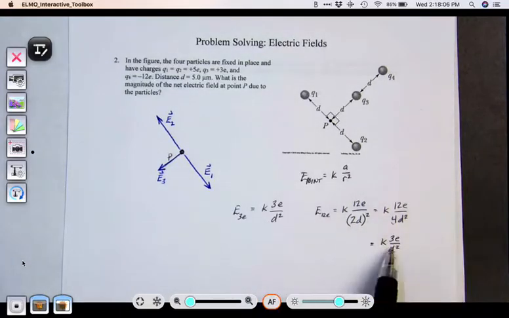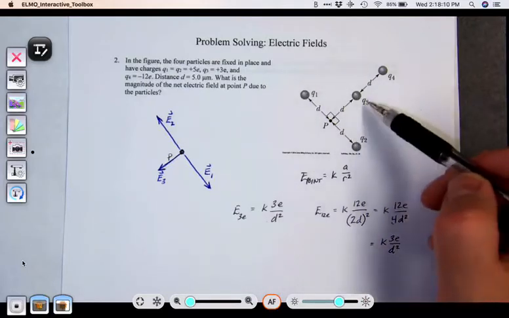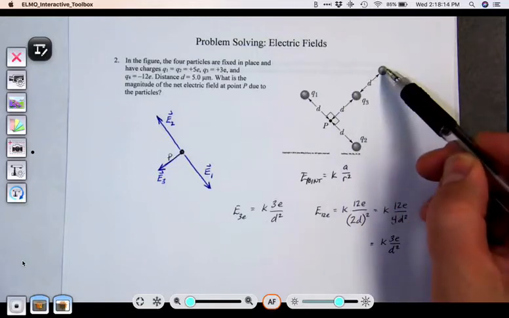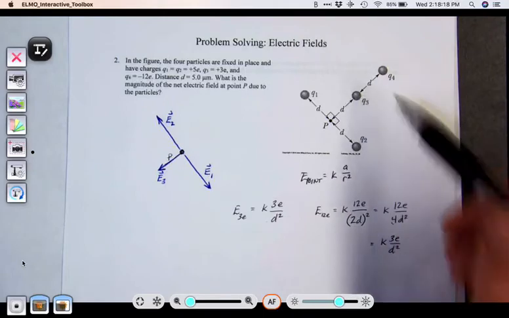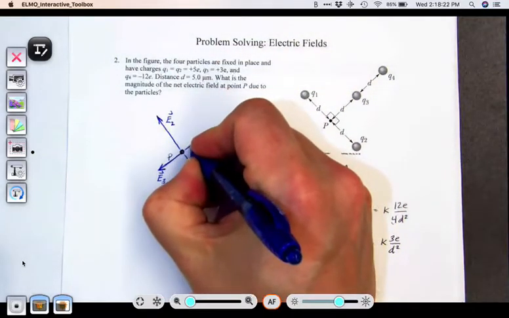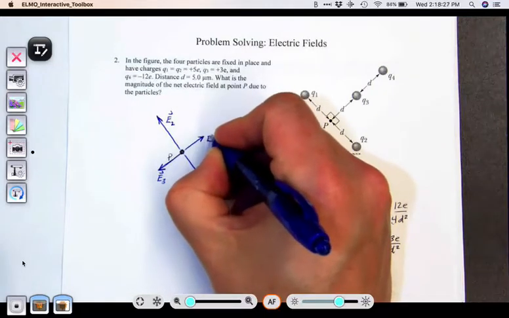And lo and behold, those are the exact same ratios. So I've got 4 times as much charge, but it's twice the distance away. And so the effect that the Q4 has at point P is the exact same as the effect that Q3 does in the opposite direction. And there we go.